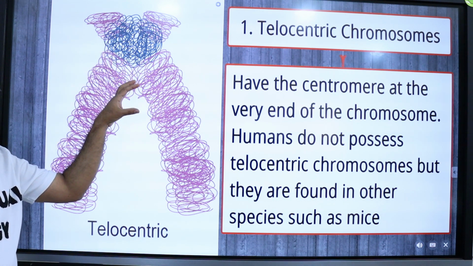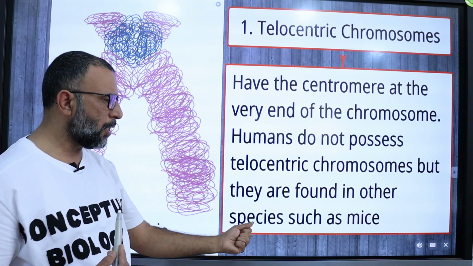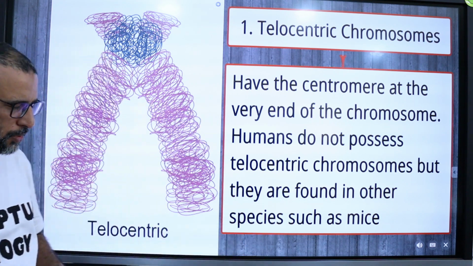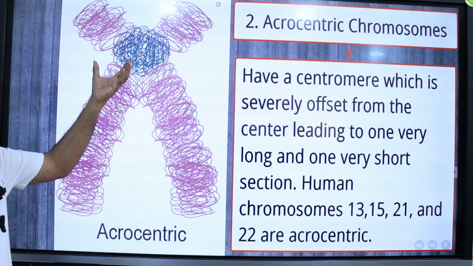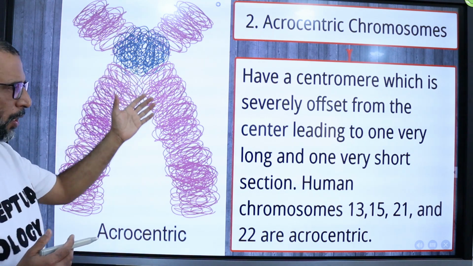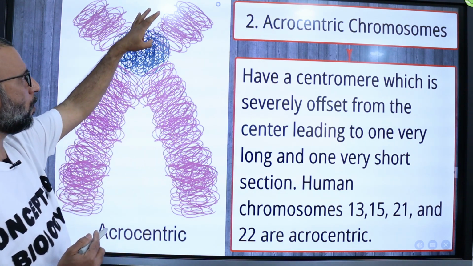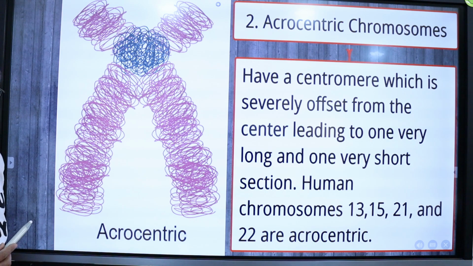Humans do not possess telocentric chromosomes, but they are present in certain other species like mice. An acrocentric chromosome has a centromere offset from the center, leading to one very long section and the other very short section.